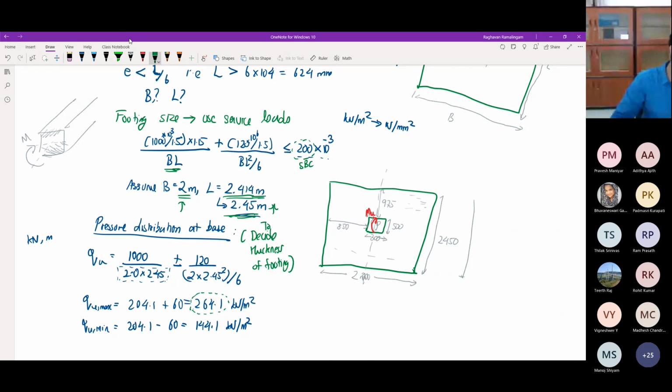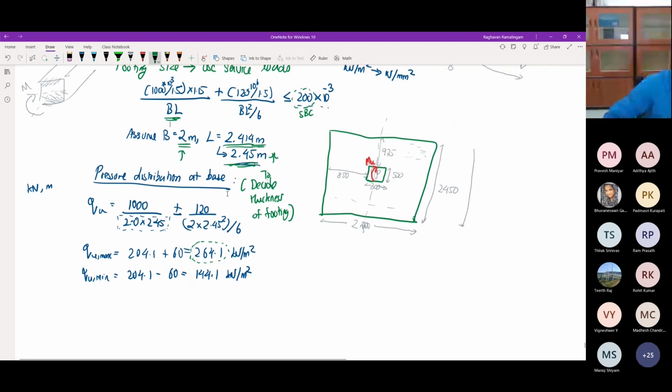The reason that I repeat this is because this is a very nice place to get confused. That's the reason that I have repeated this a bit more than needed.